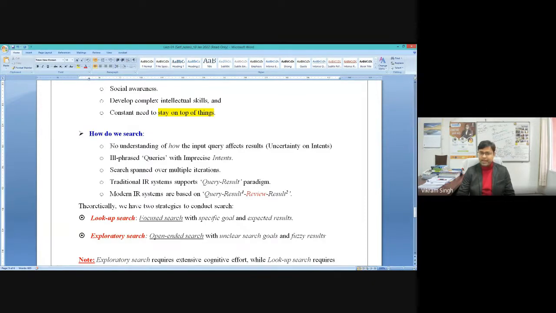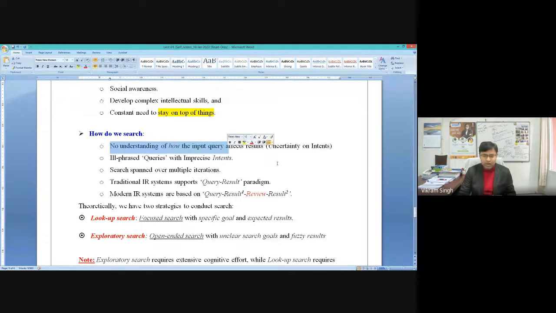Sometimes we are not having any idea what the exact or precise input query is, and how my current query will affect the results which will be generated. So we go to a search system without any clarity, without any certainty on the possible result, and type that query, right? That's what is called an ad hoc mechanism, ad hoc settings.